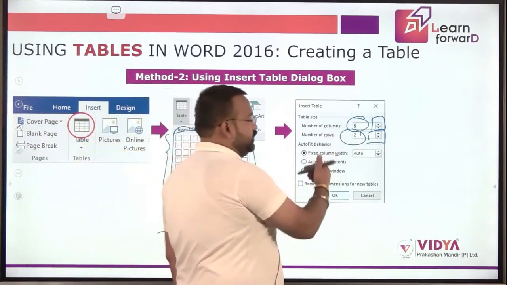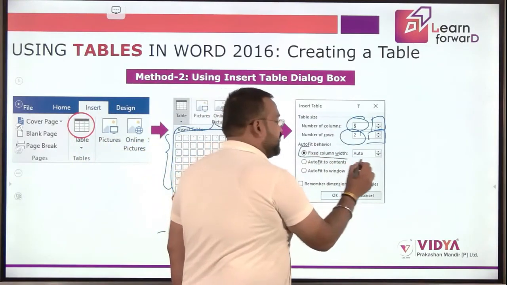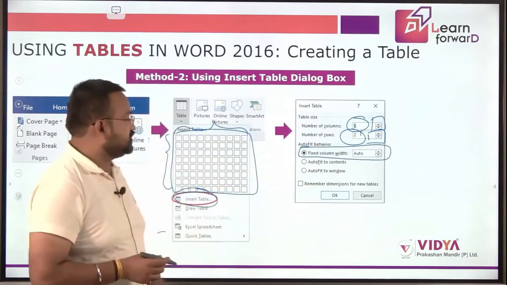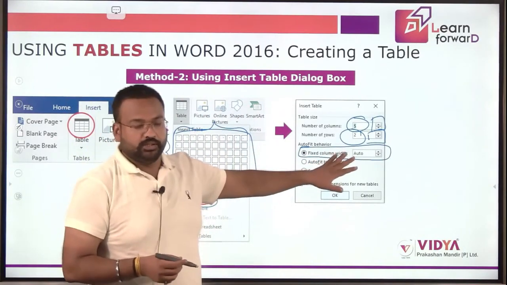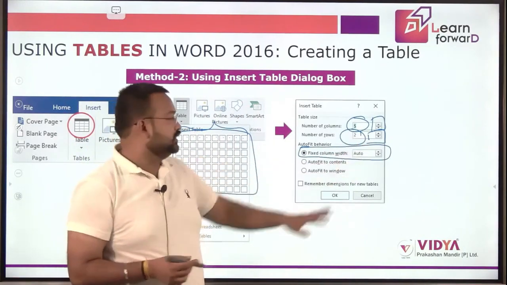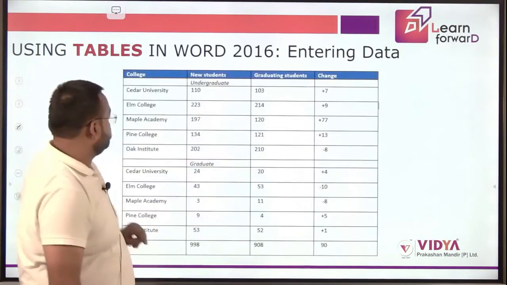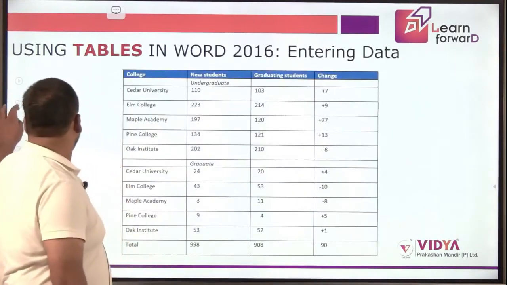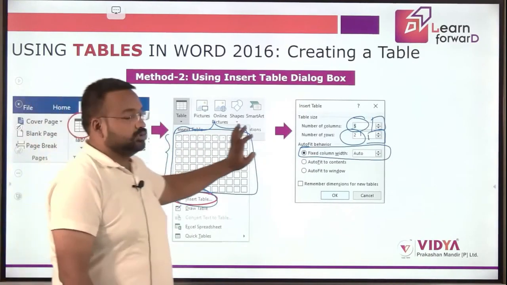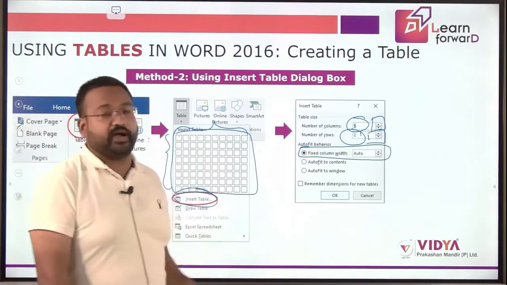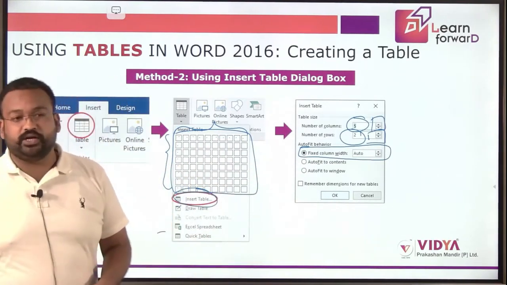So you can provide those values. You can also set a width for your cells if you want. That fixed width would be set over here. Here we are just using automatic. Once we click on OK, that particular table would be created. Once you click on this OK button, a table containing 5 columns and 2 rows would be created.